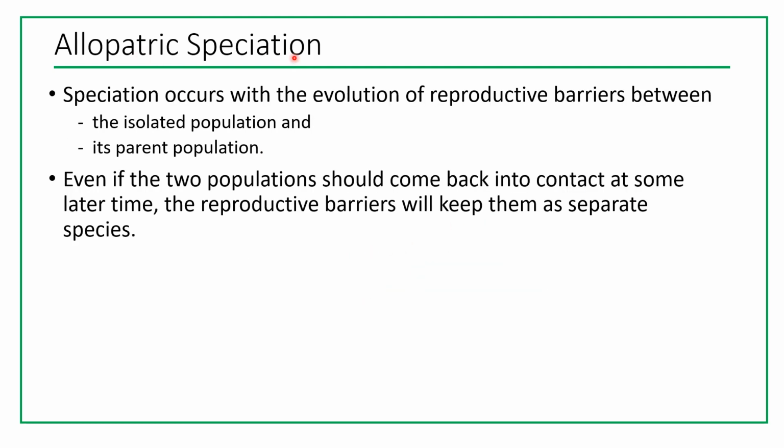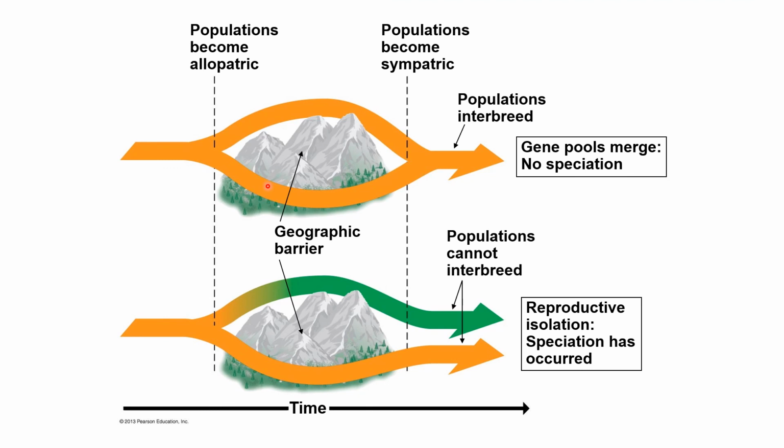So allopatric speciation first. Speciation occurs with the evolution of reproductive barriers between the isolated population and the parent population. Even if two populations should come back into contact at some later time, reproductive barriers will keep them as separate species. So here's our allopatric speciation.